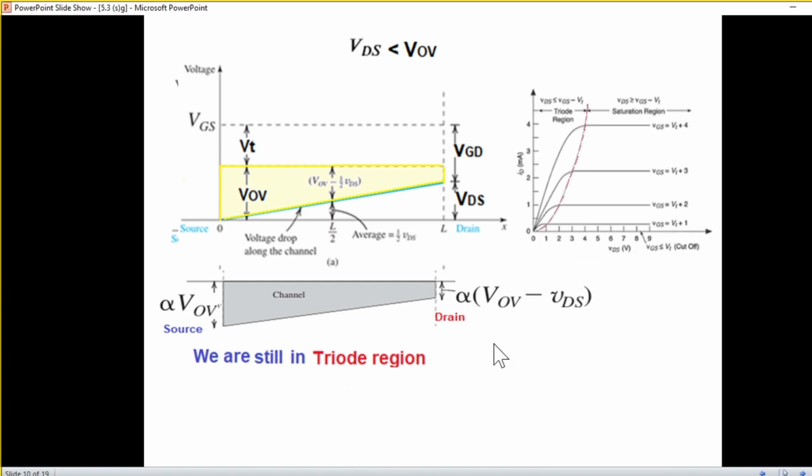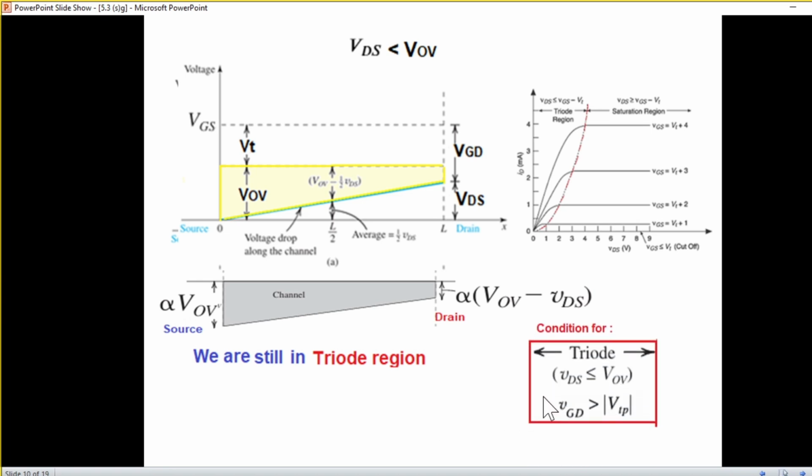And we are still in the triode region because VDS is less than VOV. So this is the VDS line, and let's say this is the VOV point. If we are here, then VDS will be somewhere here, less than that. That means we are in the triode region.